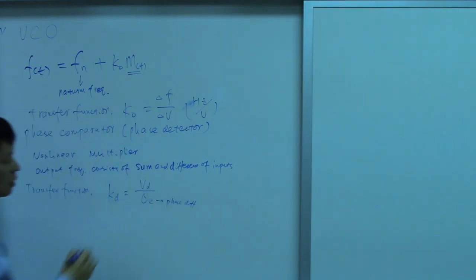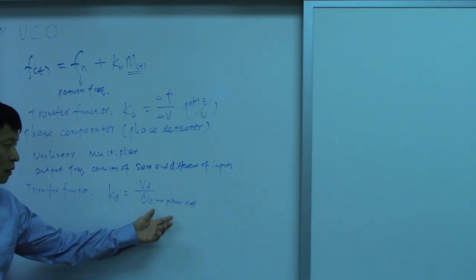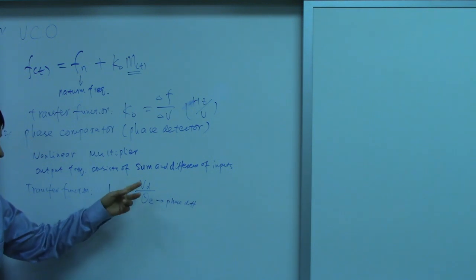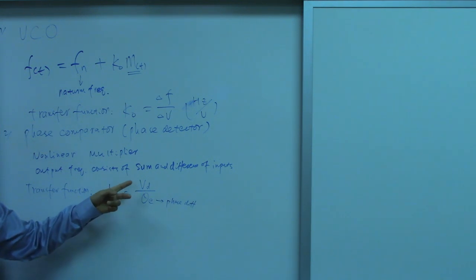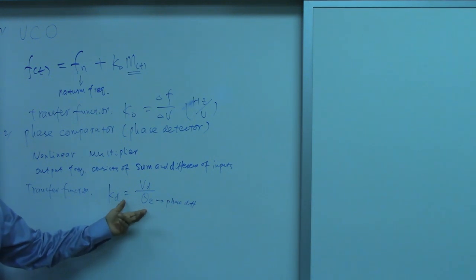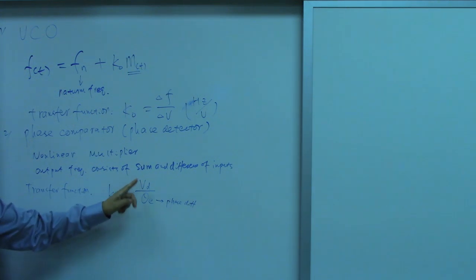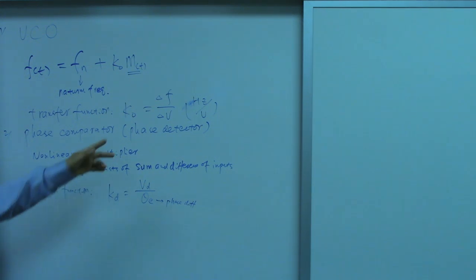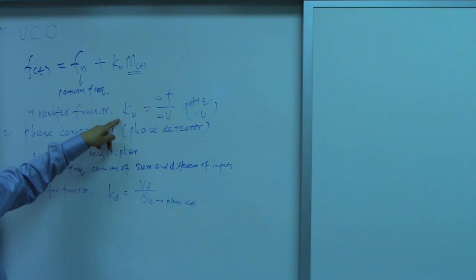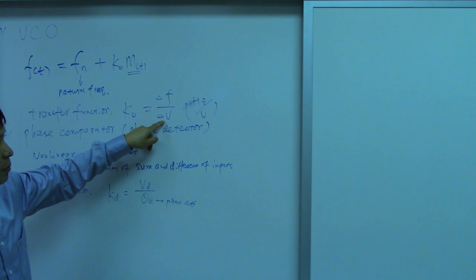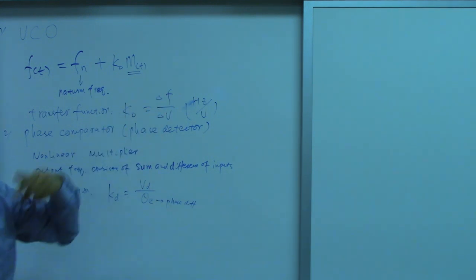And VD is the output voltage. If we have two different phases, delta E is not equal to 0, then we are going to have an output voltage. So the output voltage divided by the input phase difference gives us the transfer function. The output VD equals KD times delta E. Same thing here: the transfer function Ko equals delta F divided by delta V. Then delta F will equal this one times this.